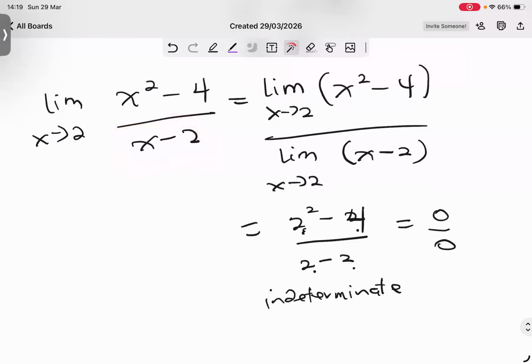To simplify polynomials, I need to use factorization, meaning break it down into its least factors. Its least factor for a polynomial is degree 1. Therefore, the denominator is already in the least form. I cannot break it down any further. And so the only function I can break down is the numerator, which is quadratic.